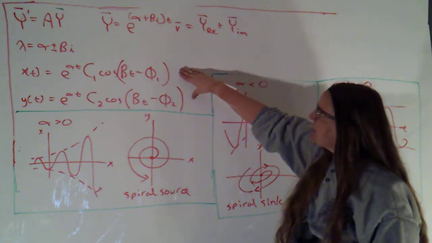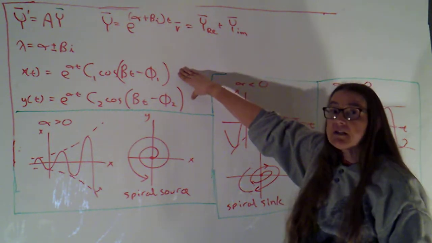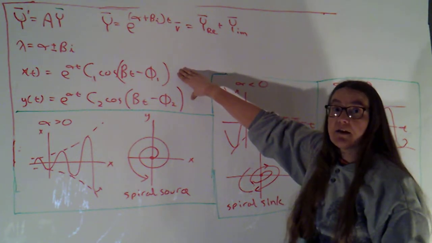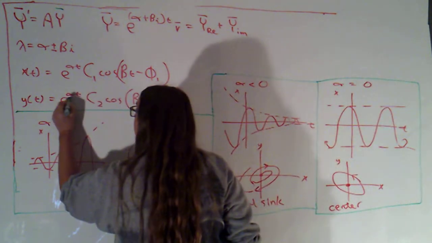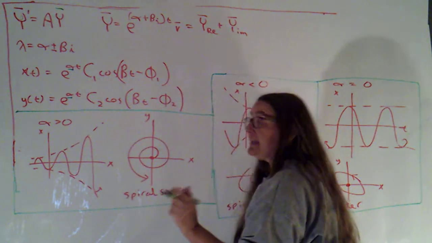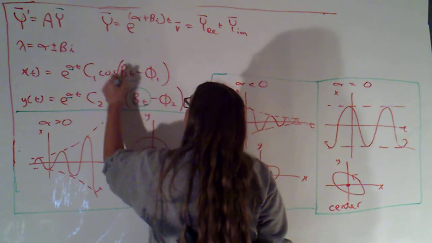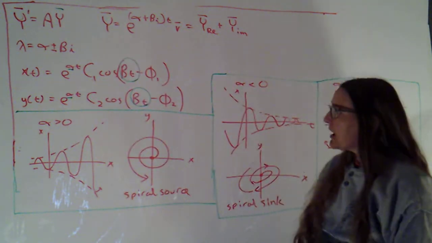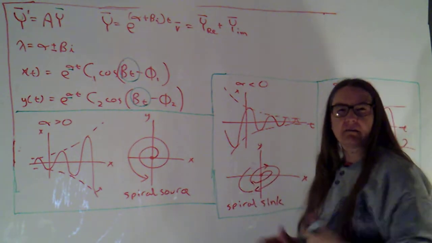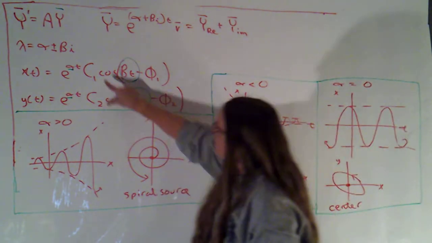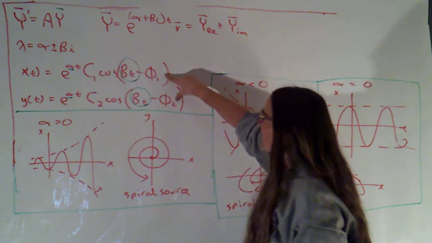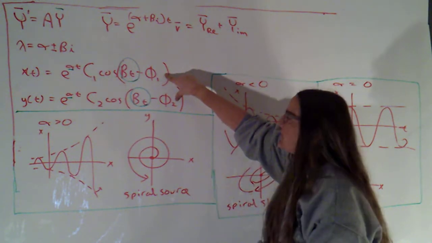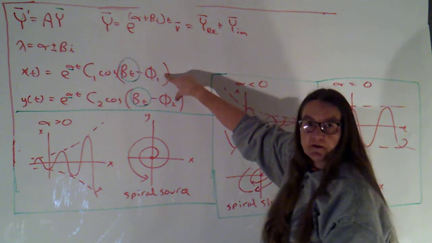We could rewrite those so that they were both just transformations of the cosine graph, potentially different transformations. What's the same is they both involve an e to the alpha t, and beta t shows up as the original theta that we're working with. But the scalar by which we're scaling it could be different for x and y, and what we call the phase lag, the amount that we're shifting things horizontally, could be different for the two.